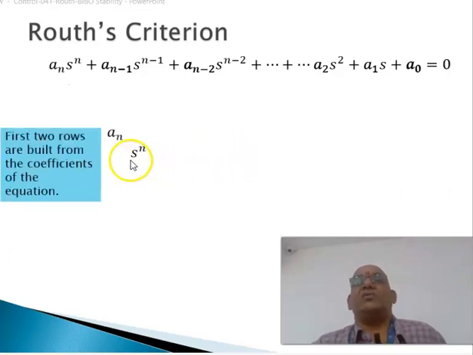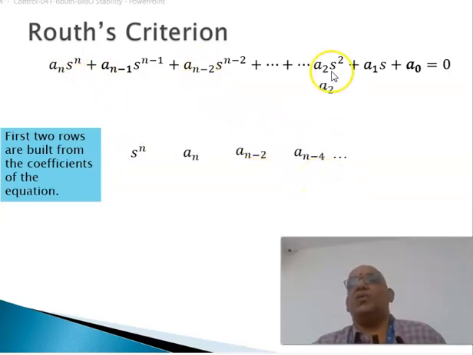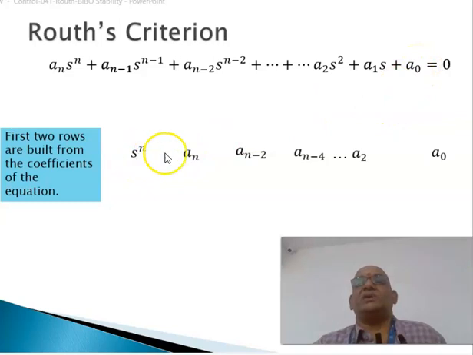We call that the row corresponding to S power n. See an, an minus 2, an minus 4, and so on, then a2 and a0. That is the first row, which corresponds to S power n.